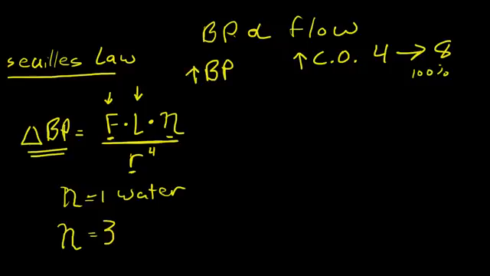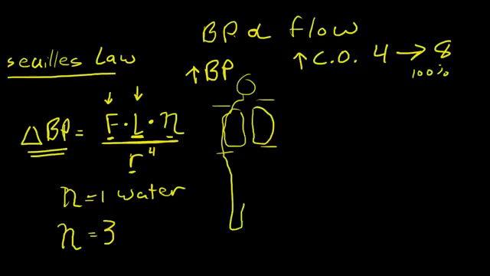Now, length, same thing is true. When we talk about the pulmonary system, we're going to talk about how the pulmonary system has a much shorter length in its vasculature than the systemic circulation, and a lot of that just has to do with the pulmonary circulation being confined to the short space of the lungs, whereas the systemic circulation includes a very long body with lots of organs in it.